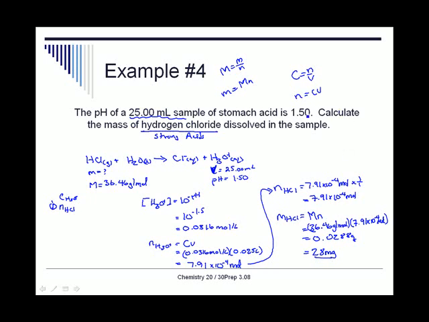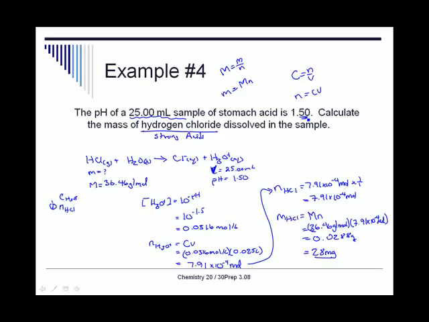The reason there's only two sig digs is because our pH only has two sig digs. And actually, sorry, I should go back. That has to be rounded up, so it's not 28, it's 29, because of that 8 behind it. So 29 milligrams.